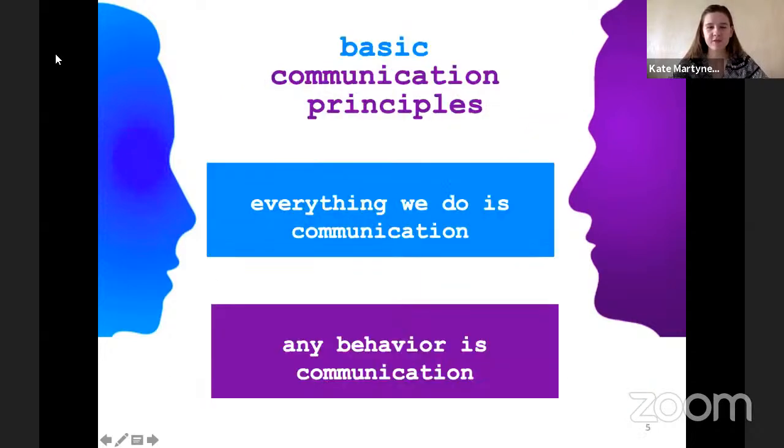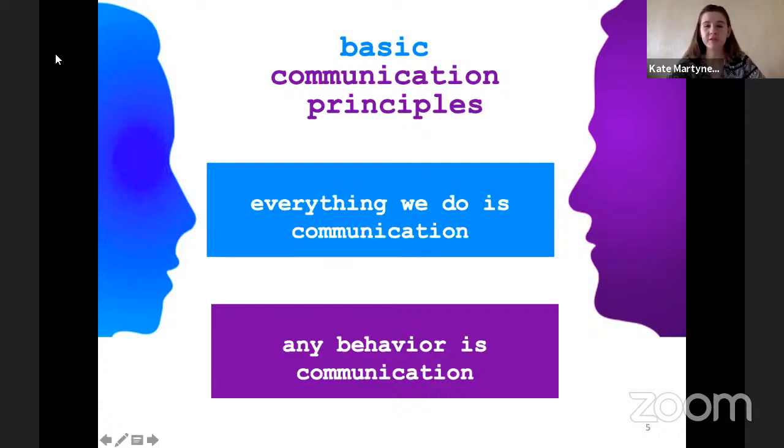Let's move further. Let's talk about basic communication principles. There are two communication principles. Everything we do is communication, and any behavior is communication. Do you agree with these principles? What do you think about these statements? Everything we do is communication. Are all our actions communication?